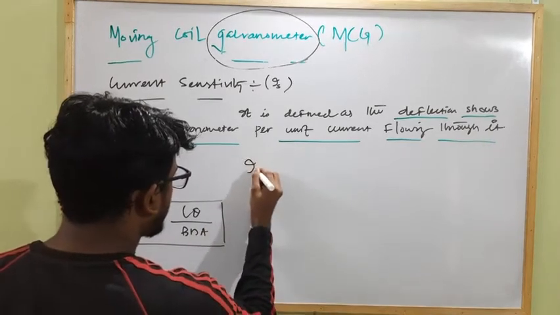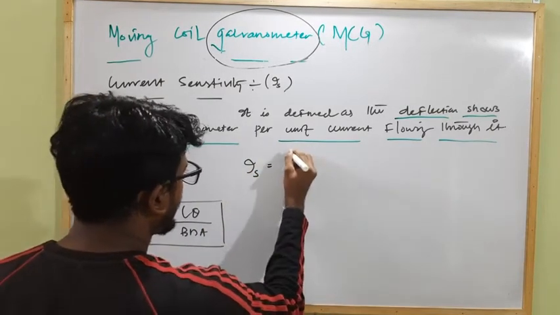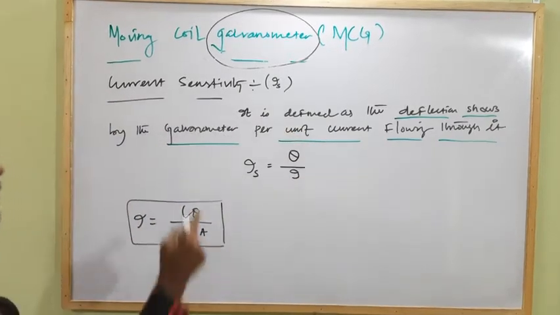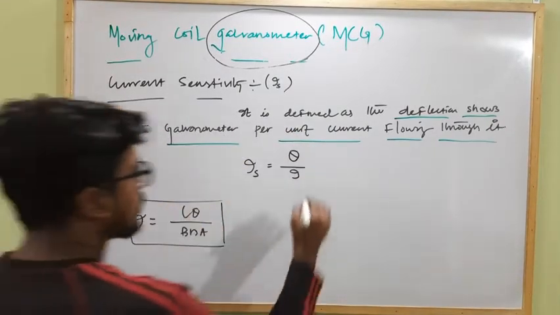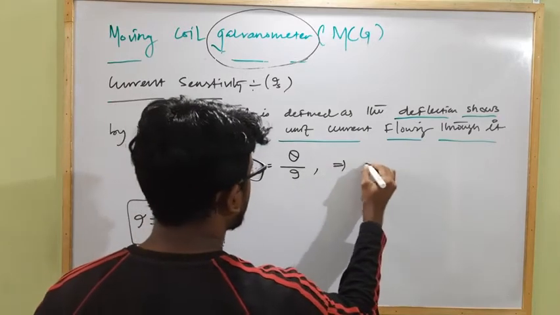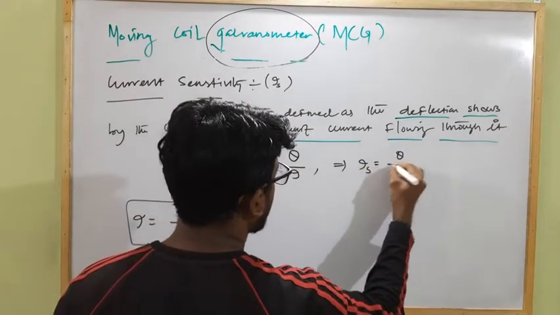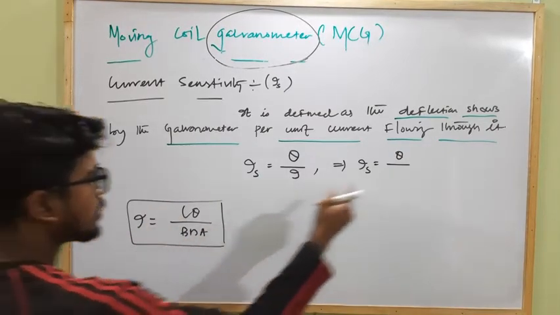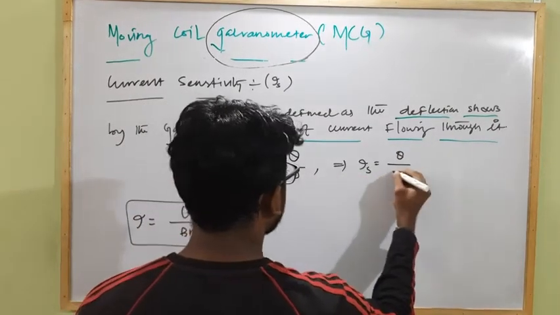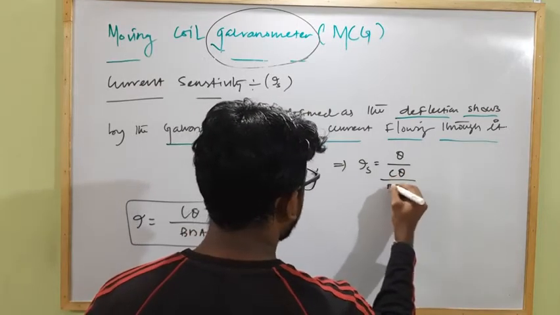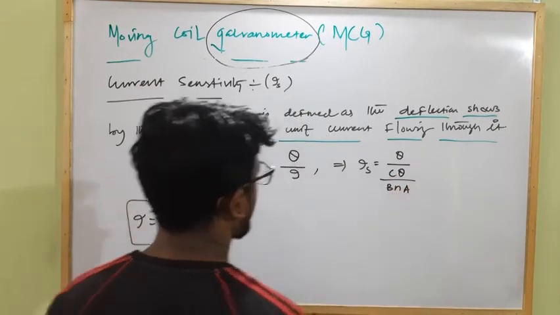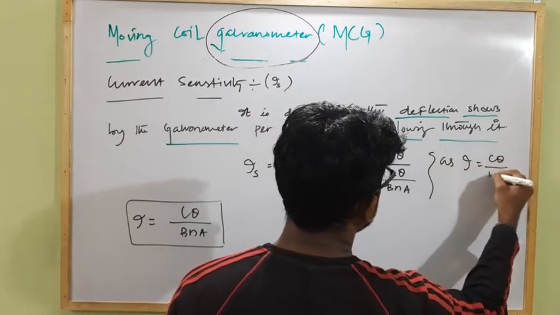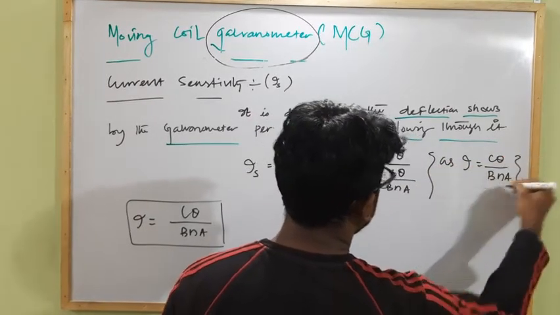So as we know, IS, the current sensitivity, is defined as what? The deflection per unit current flowing through it. IS is defined as theta by I. So from this we can write IS equal to theta divided by I, and I equal to C theta by BNA. So in place of I you can write C theta divided by BNA. Clear?